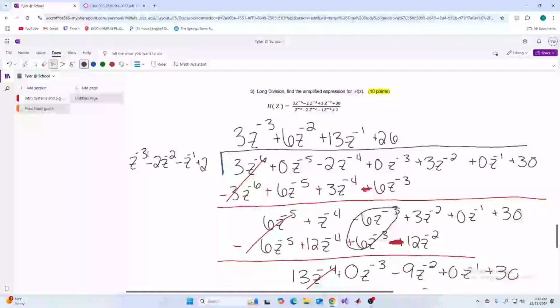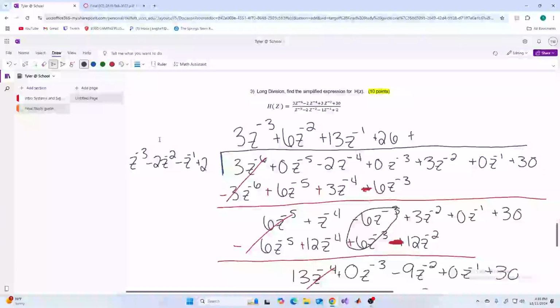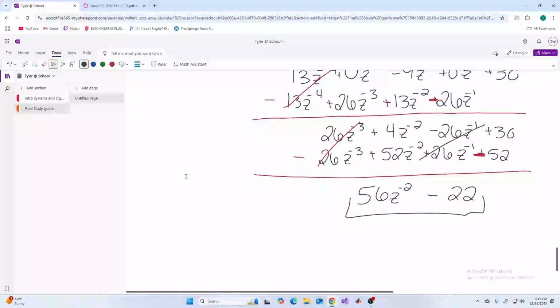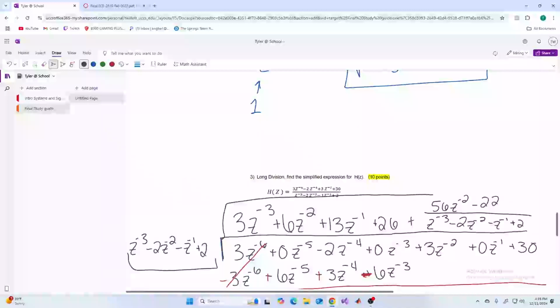I'm just going to write this as plus, and I'm going to take this value here and write up top 56z to the negative 2, and then it should be minus 22, all divided by this whole thing here: z to the negative 3 minus 2z to the negative 2 minus z to the negative 1 plus 2. And then this here is your final answer.